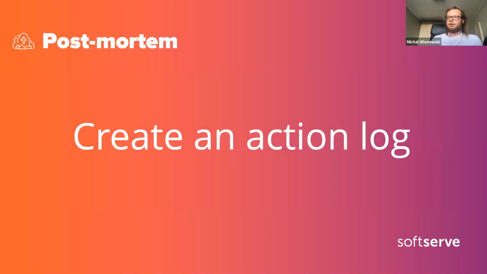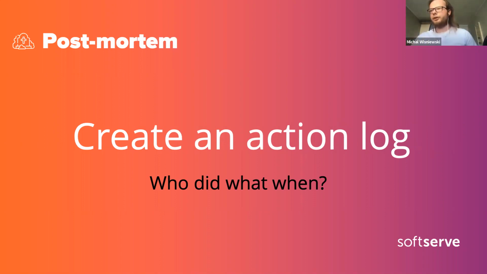And the next thing is to create an action log. And that's, I would say, crucial. It's basically who did what when. So it's a kind of timeline on which you put marks: at this point in time the attack started, at another point in time we discovered it.